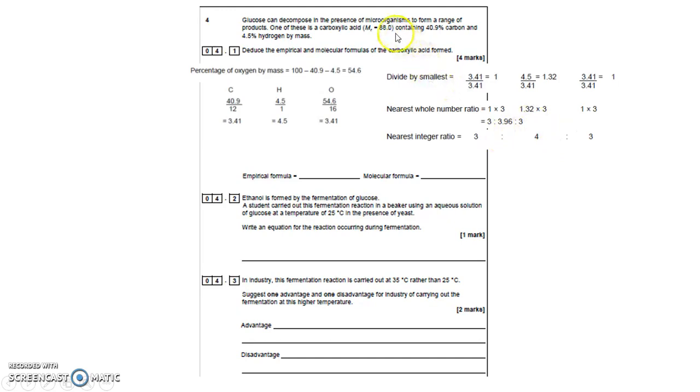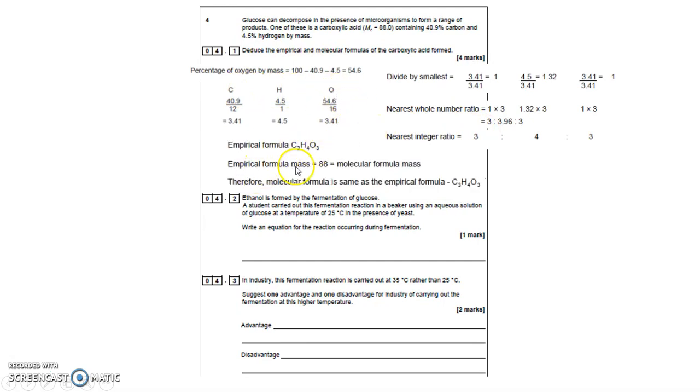Okay, now then, if I had C3H4O3 and I add that up, so a carbon's 12, so 3 12's are 36, add 4 1's, add 3 16's, it comes out as 88. And it says here that its Mr is 88.